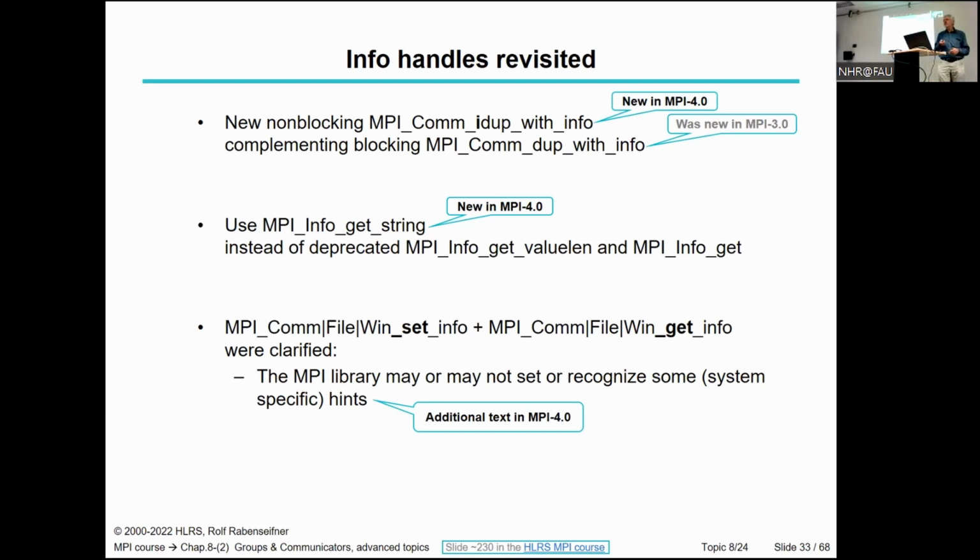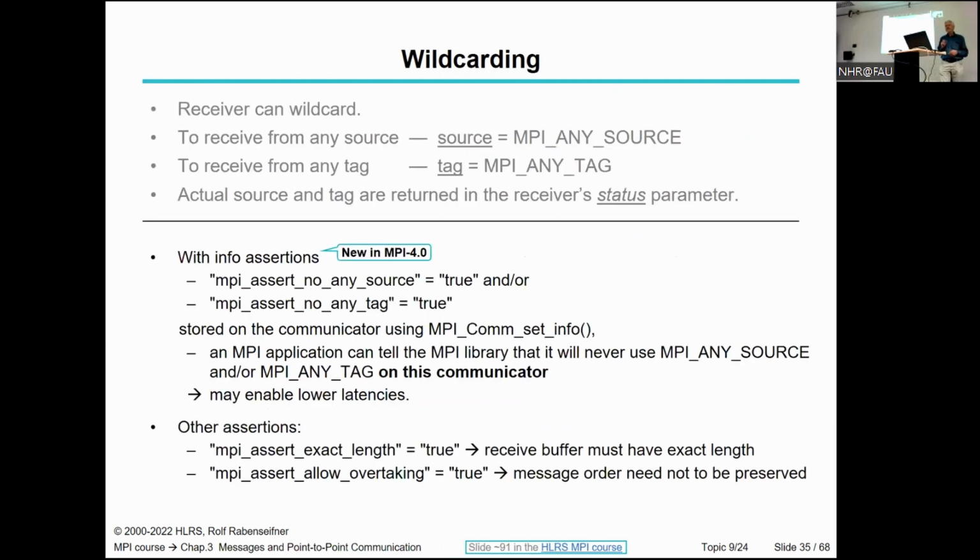And they also added an additional routine, MPI comm with info, the non-blocking version of the MPI 3 routine. Then, in total, with the info handle, we added that now info handles can also be used for assertions.